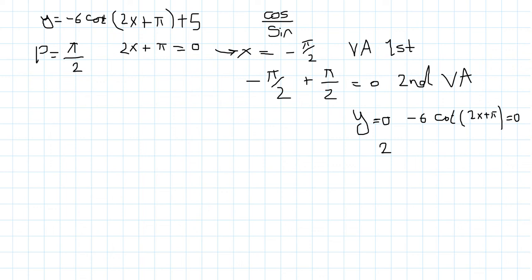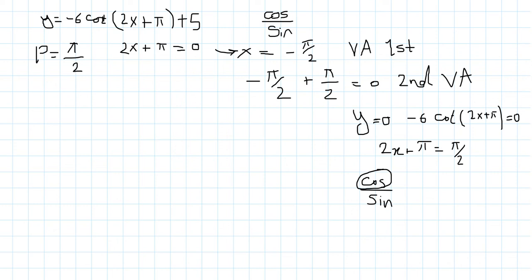So 2x plus pi equals pi over 2. If you understand, cot means cosine over sine. So when cot is 0, it means cosine is 0.